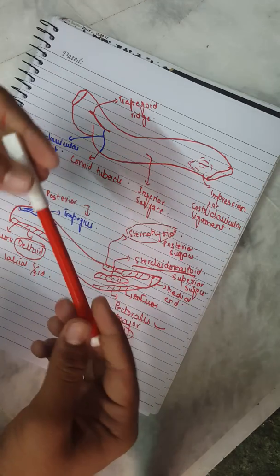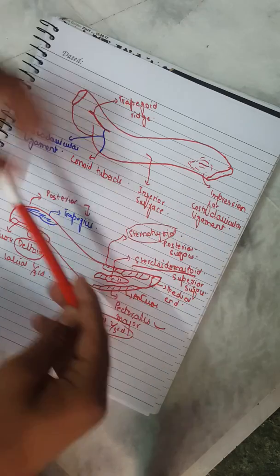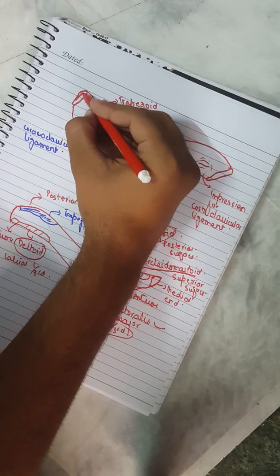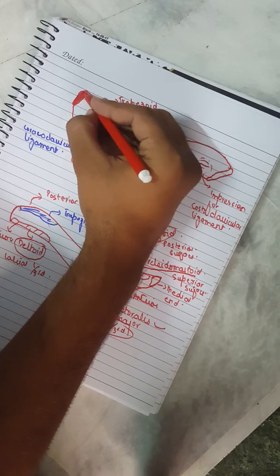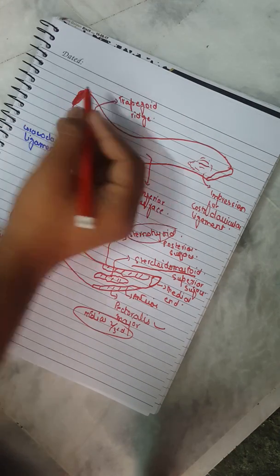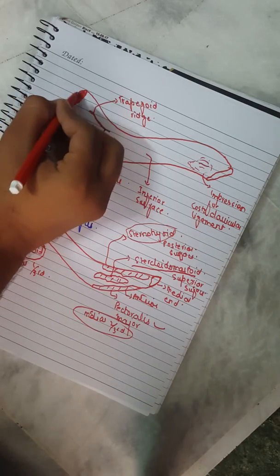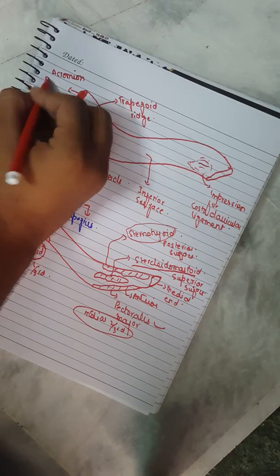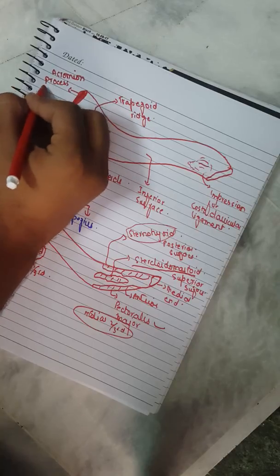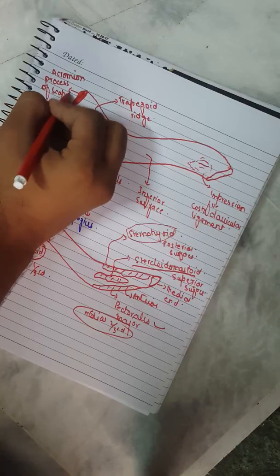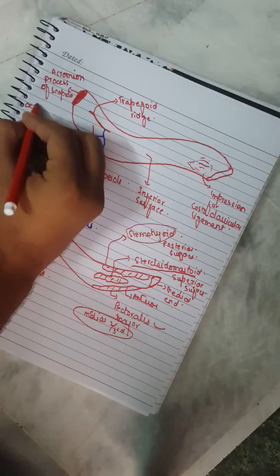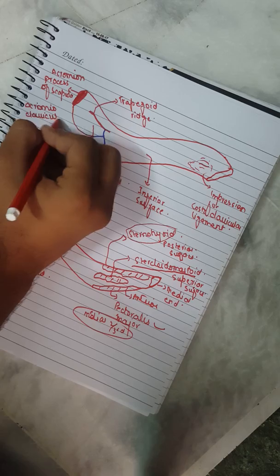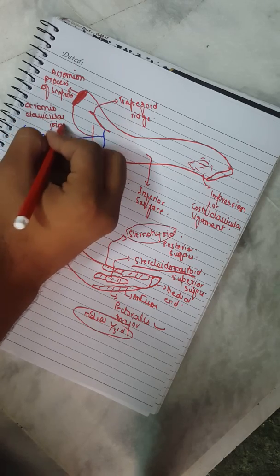Now we discuss the joints that the clavicle forms. The clavicle attaches from its lateral head, that is the flattened head, to the acromion process of the scapula to form the acromioclavicular joint.